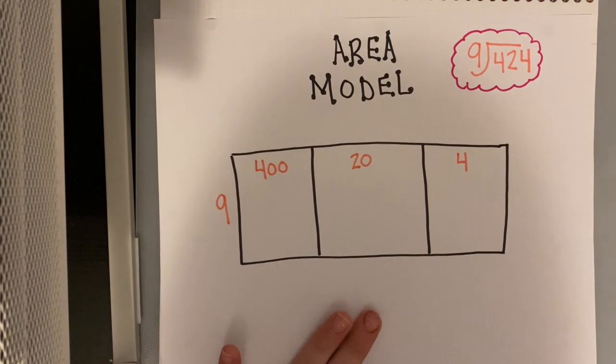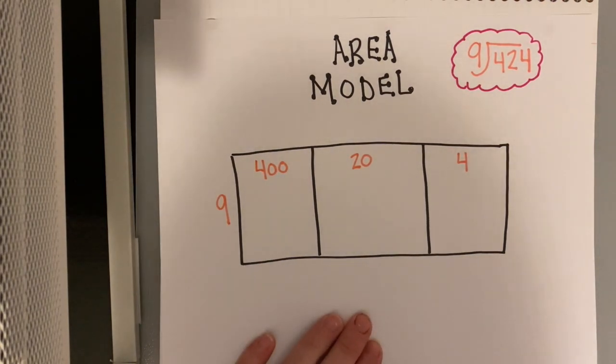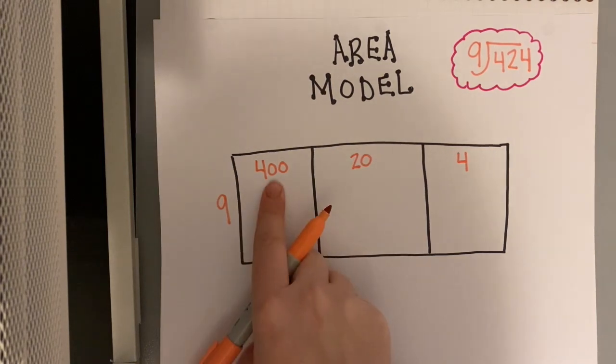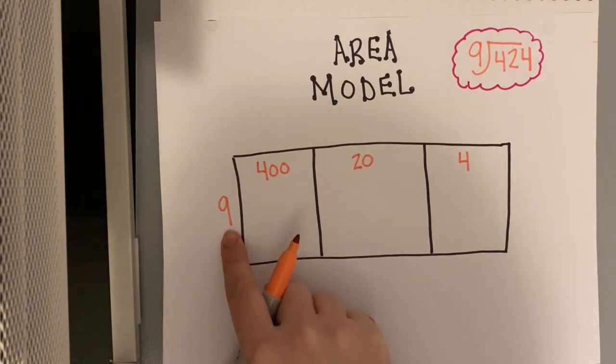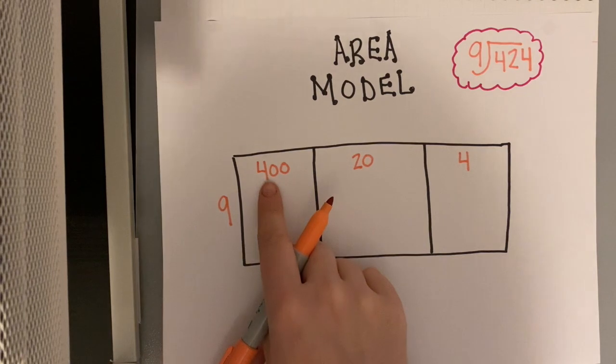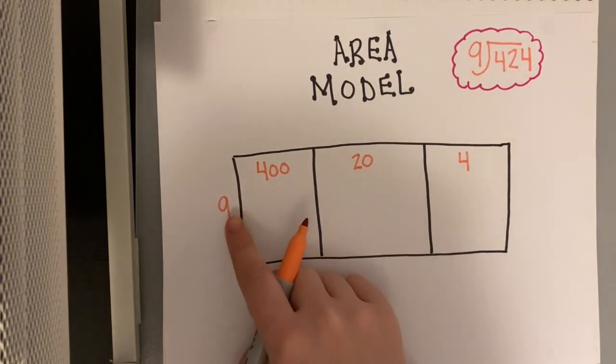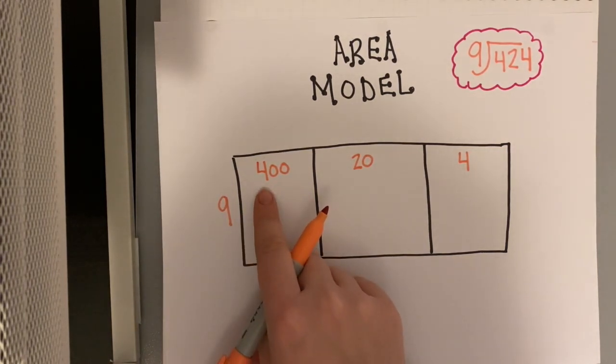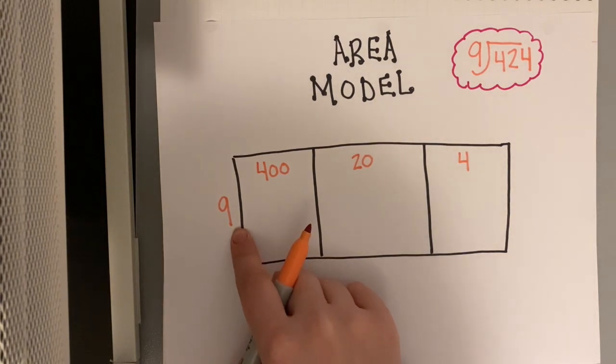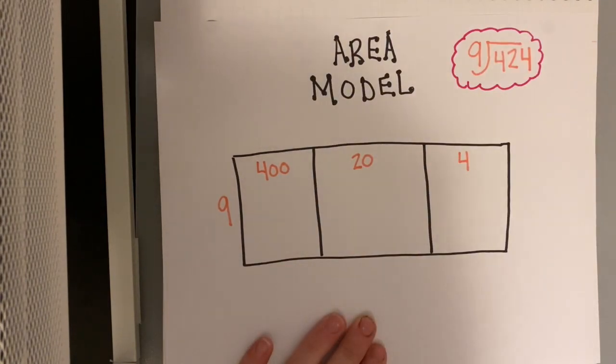I'm going to do the first step the exact same way as in the other two examples. 400 divided by 9 is way too big for me, so I'm actually going to do 40 divided by 9. 40 divided by 9 equals 4.